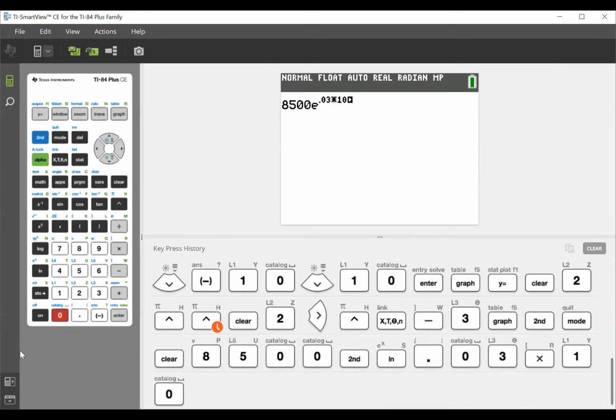I'm just going to hit enter, and it's telling me 11,473.79, and so we're going to round up to 11,474, which is going to be answer C.